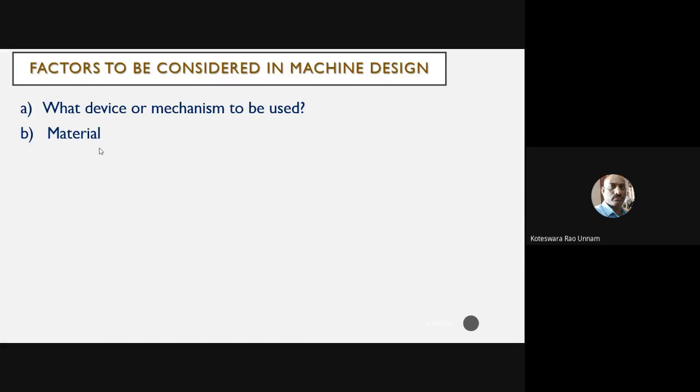Material is one of the most important parameters or factors to be considered by the designer while designing any machine element or machine component.